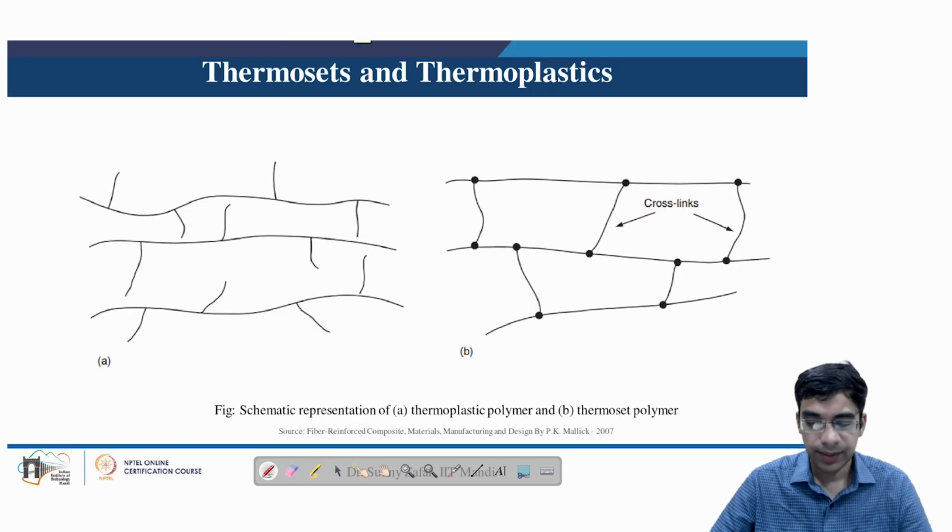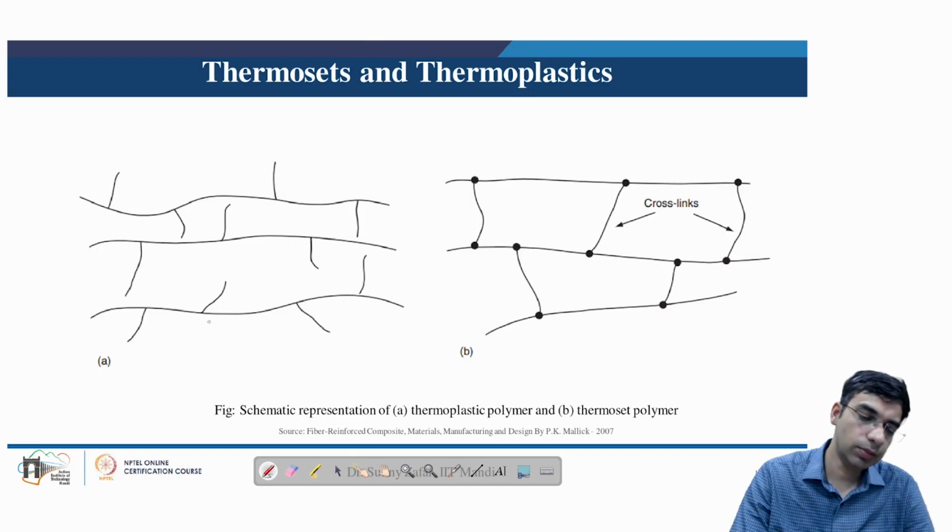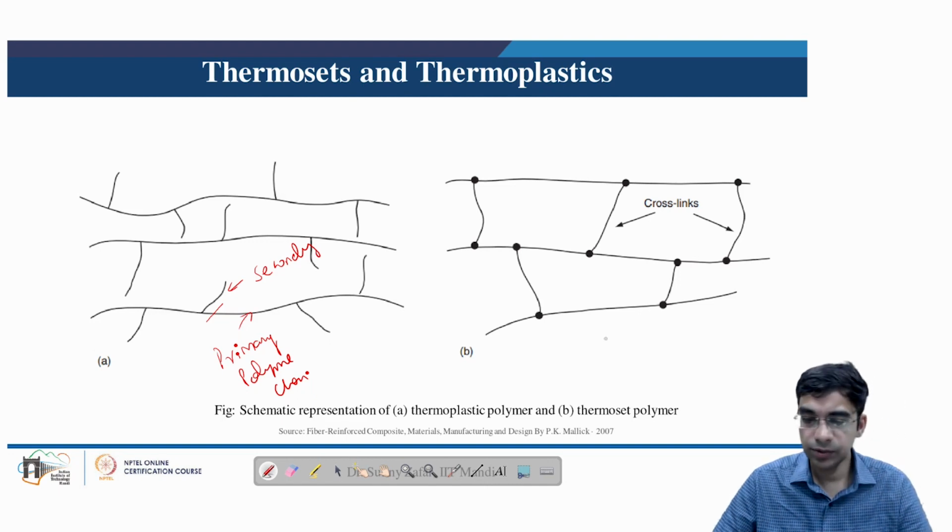So we can see here a comparison between the different types of thermoplastic and thermoset, where in the thermoplastics we can see just the dangling secondary bonds from the primary polymer chain. This is basically the primary polymer chain, and these secondary bonds are dangling freely. But in the case of thermosets, there are no freely dangling secondary bonds. Rather, crosslinks are developed depending on the curing conditions and the type of thermoset being used.